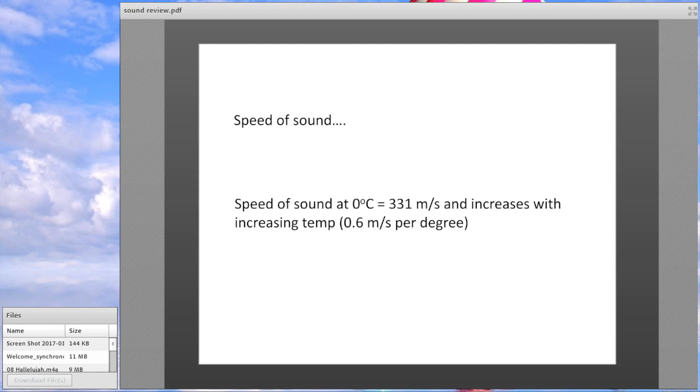Now the speed of sound, if we want to talk about the speed of sound in different mediums: if you think about particles, gas is our least dense medium, and then liquid is a little more dense than that. And then solids are the most dense.